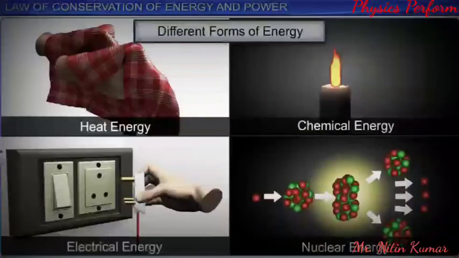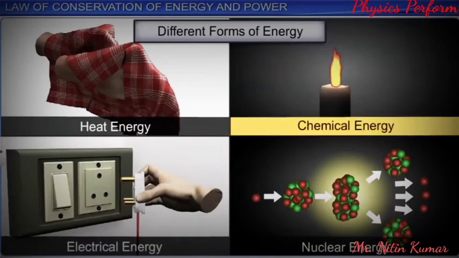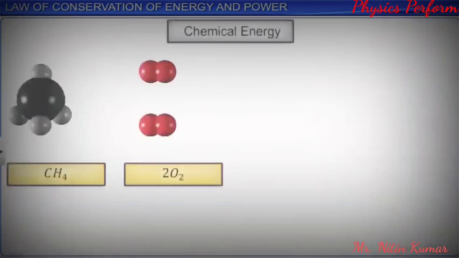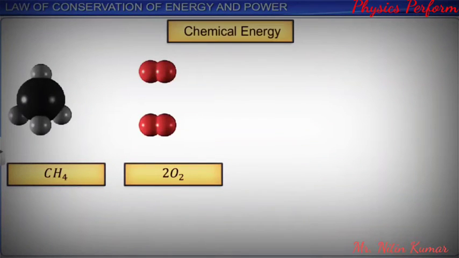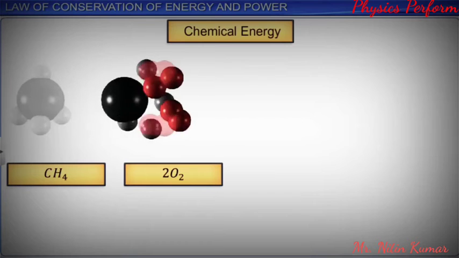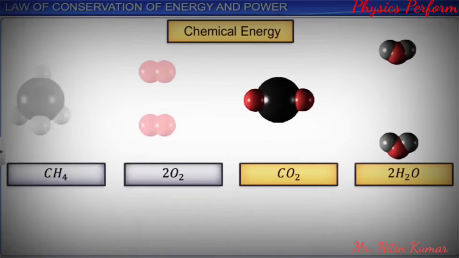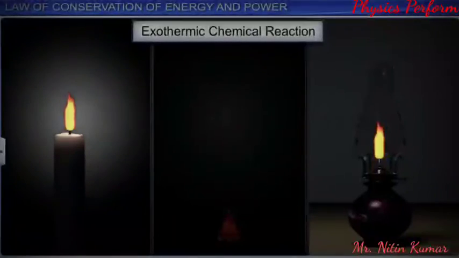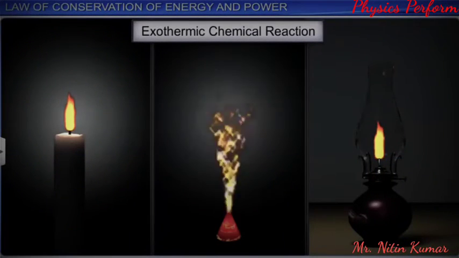Let us look at another form of energy, chemical energy. Chemical energy is produced when the molecules of the reactants participating in a chemical reaction combine to attain greater stability by forming stable compounds. The burning of any form of fuel is a chemical reaction.